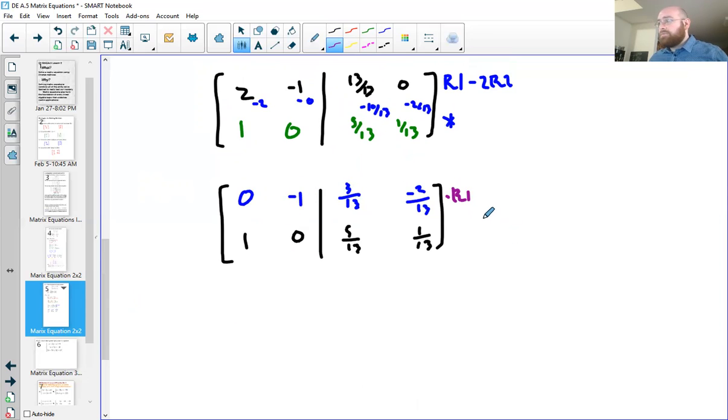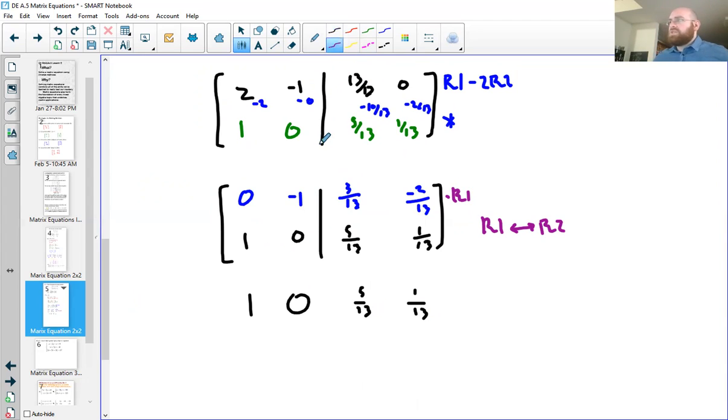And then I'm going to switch row 1 and row 2 so that we have our 1 in the first position. So I'm going to write our second row, 1, 0, 5 over 13, 1 over 13.